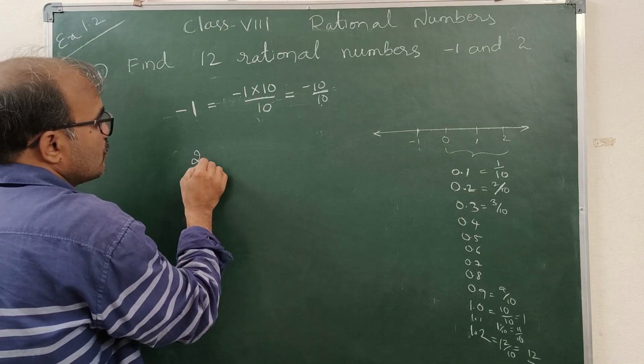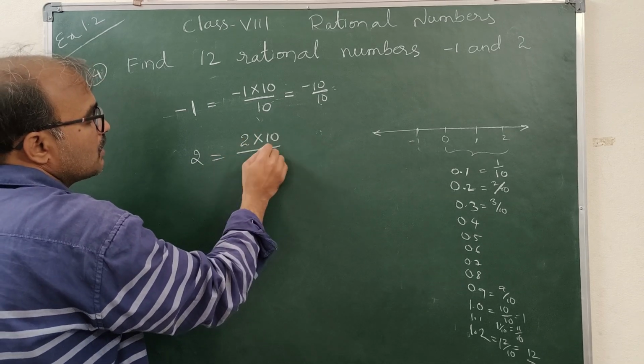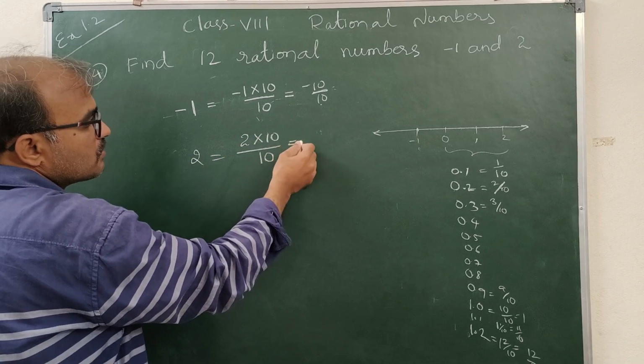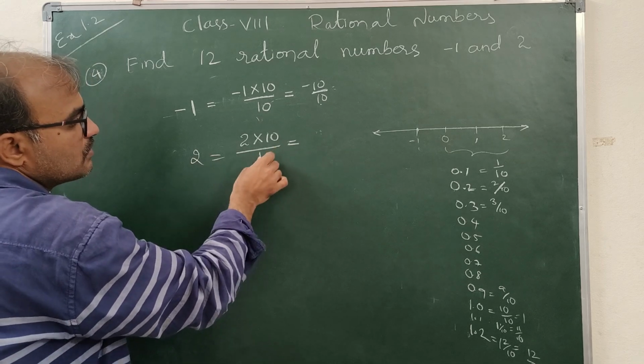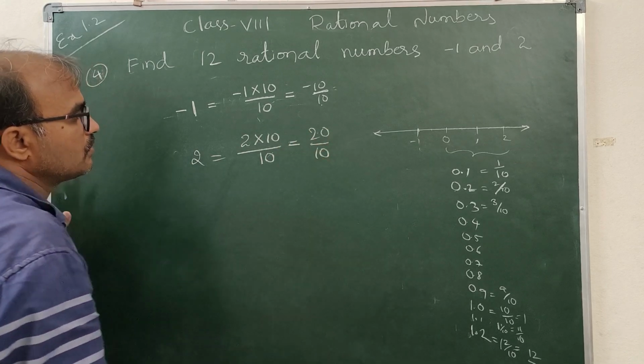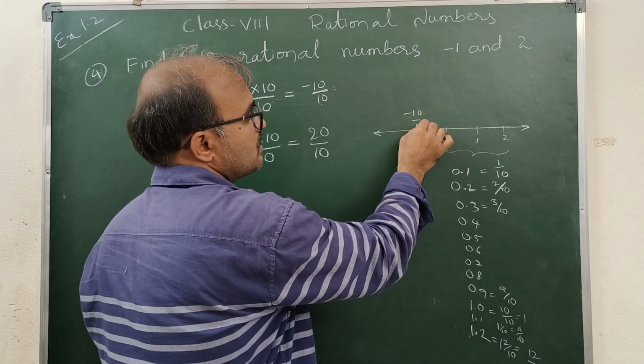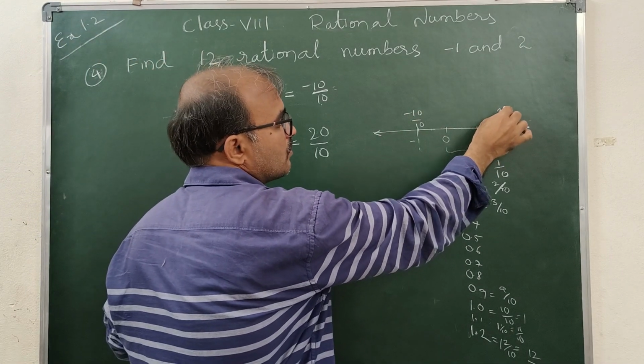Again 2: write 2 as 2 into 10 by 10. Multiply and divide by the same number so that the value of the number won't change. So this is 20 by 10. So now write -1 as -10 by 10 and 2 as 20 by 10.